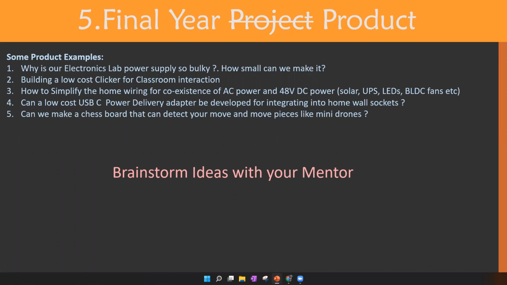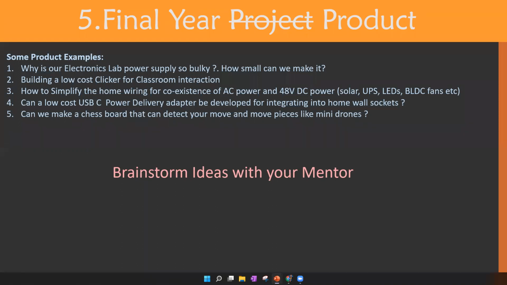The third point is like, how can we simplify home wiring? Now we have all these LEDs. We are using LEDs as our tube lights. We also have BLDC fans, which run on DC. We also have our UPS, which is a battery, 24 volt or 48 volt. In case you have solar power, that's also giving you DC. So there's a lot of equipment in our home which runs from DC.